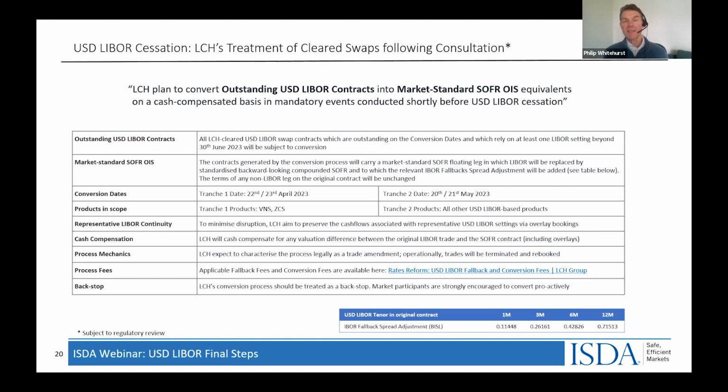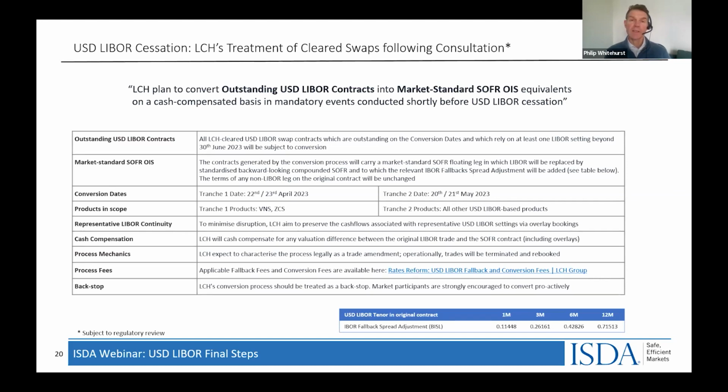We are compensating in cash for the difference between the fallback and, as we're loosely describing it, the 2-day observation period shift that is introduced via the fallbacks, relative to the non-shifted payment lagged SOFR, the standard SOFR that you would get as your conversion product output. Legally, this is being done as an amendment. Operationally, we're cancelling and rebooking all of the trades involved. Again, lots of good detail on that in other decks, but those are the principles that are involved.